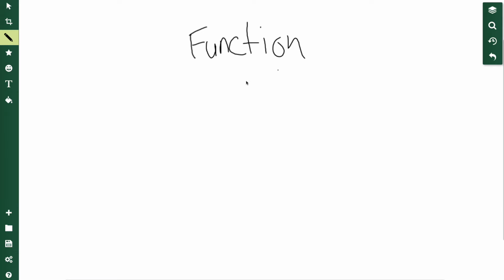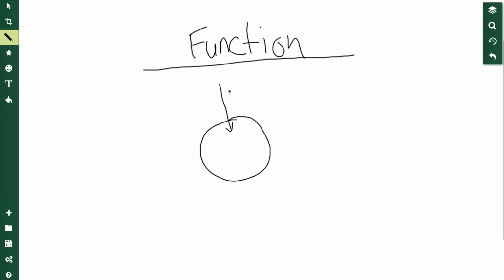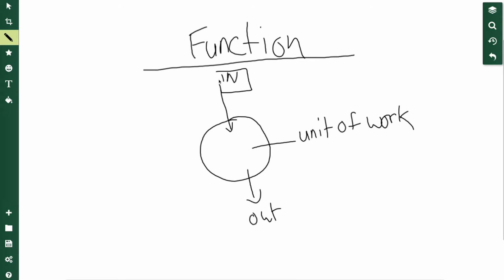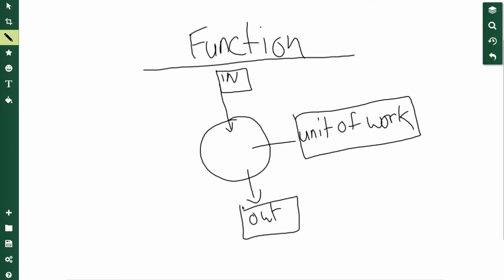And inside of a function really is this concept of an input, right? So you have something that goes in, you have the work, which would be the unit of work, and then we have the output, right?